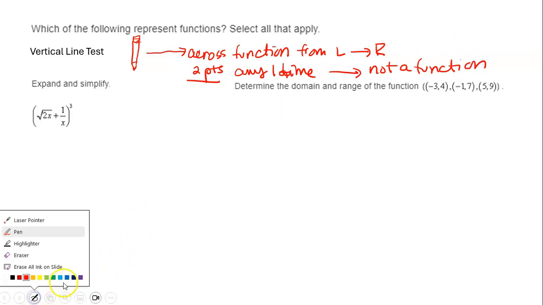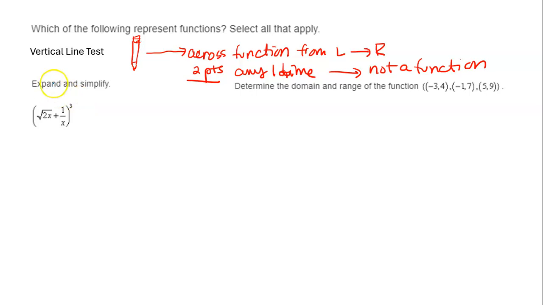Let's change colors again. Let's do blue. This says expand and simplify. There's a couple different ways you can do this. The shortest way is to use a formula that you are welcome to search, or I just expanded it the way that it was. So let's use the formula.